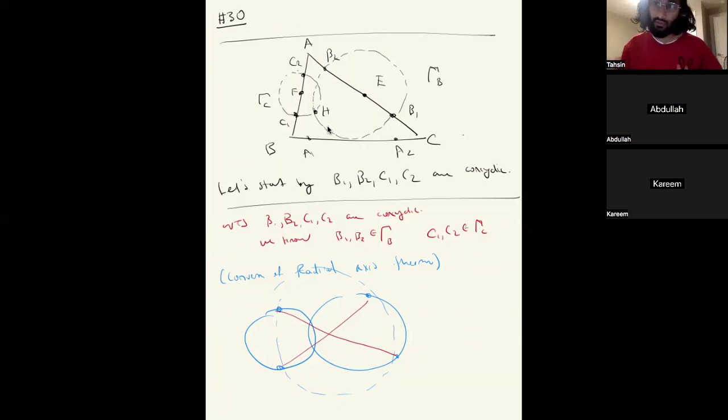So for radical axis, we want to show that the radical axes of each pair intersect, right? So what you would want to show is that this one and this one intersect on the radical axis.